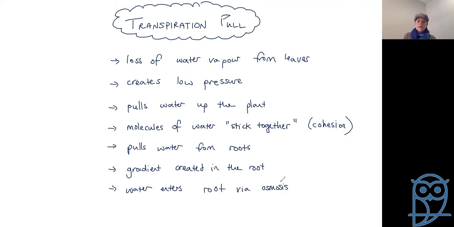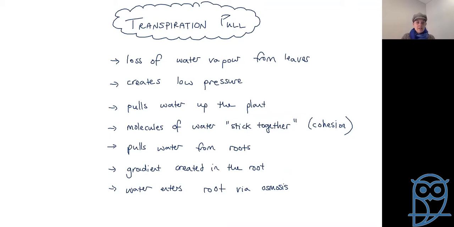So even though in your book, in your lessons, often when we talk about it, we talk about the first thing being water entering the plant. But that's actually, when we think about it properly, the last thing that happens. Because the transpiration pull starts at the top of the plant, and it's the removal of the water that then brings all the water up.